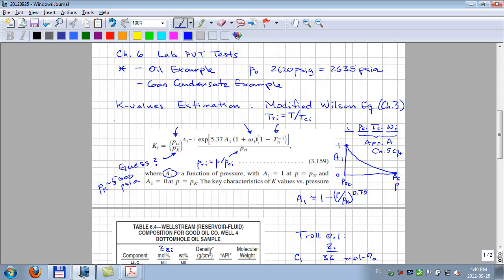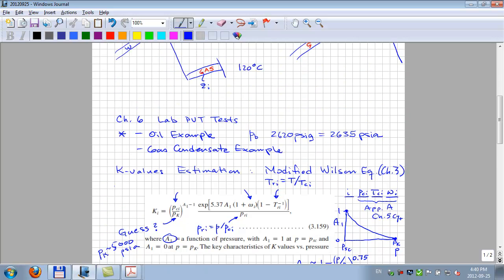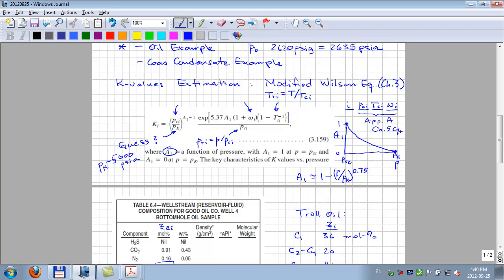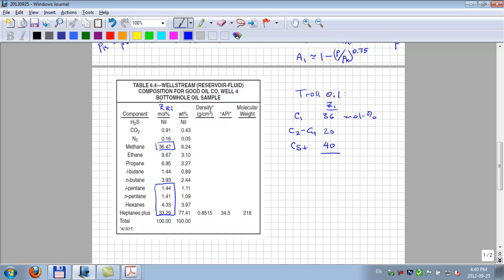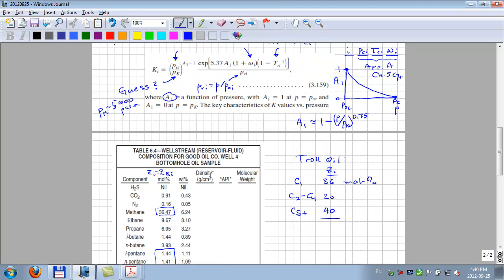Okay? So we've got an equation for Ki. We've got a composition down here, Zi, in the reservoir. What else do we need? We need to get some of those component properties.